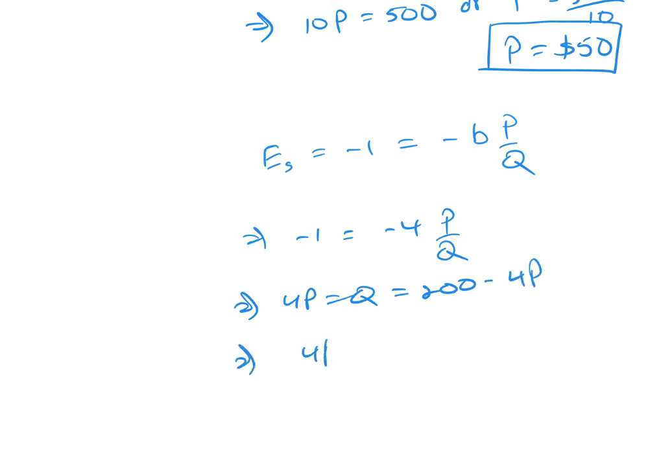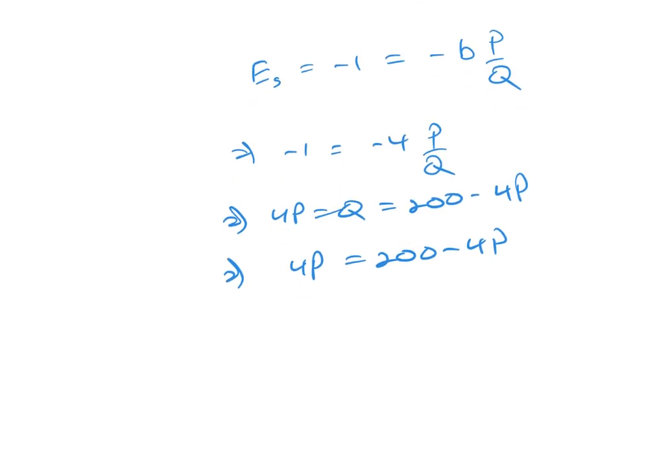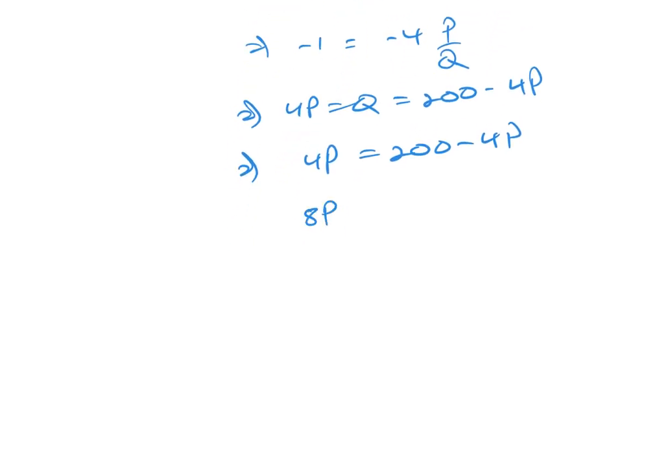So this implies to maximize our revenue, 4p should equal 200 minus 4p, or 8p should equal 200. This implies our p should be 200 over 8, which is 25. So our price should be $25. So we will maximize our student revenue if we charge $25 to students, and we'll maximize our general public's revenue if we charge $50 to general public.